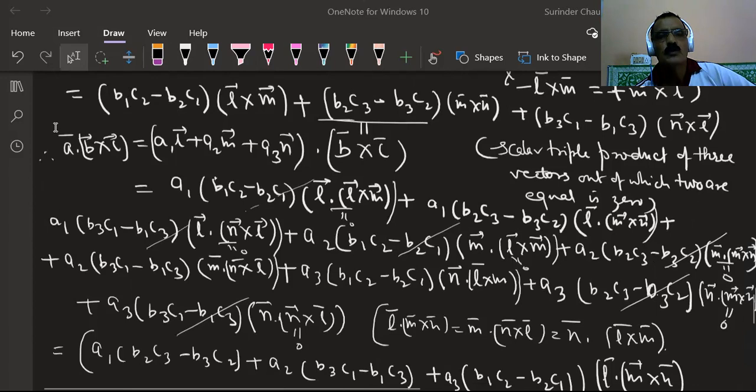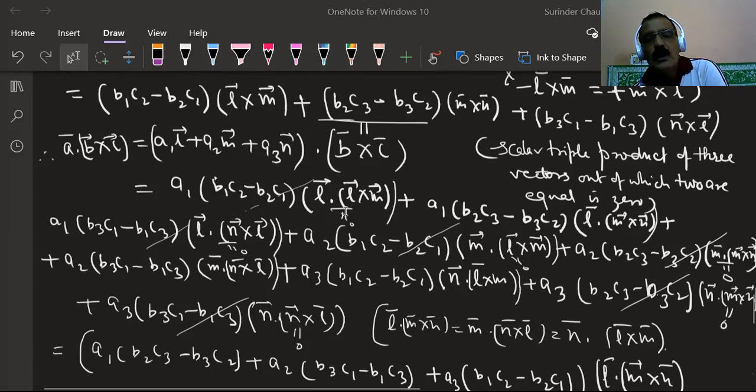Now we substitute the value in the scalar triple product of A, B, C. We find A vector dot B cross C vector. When we find their product, we again get 9 terms. We apply two properties of the scalar product.